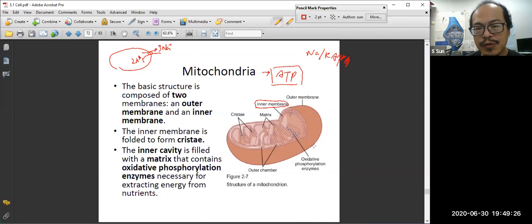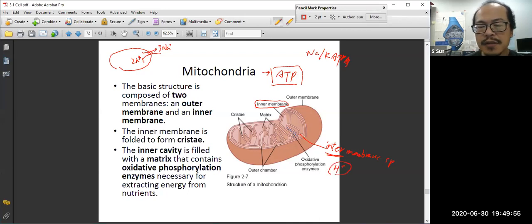The space between is called the intermembrane space. So the space here is called the intermembrane space, between the membranes. And the intermembrane space has a lot of H+.